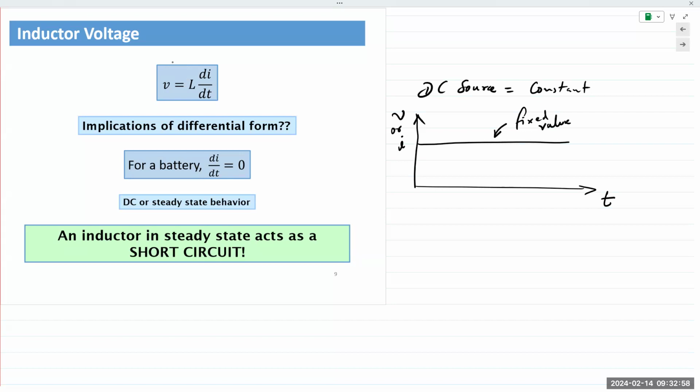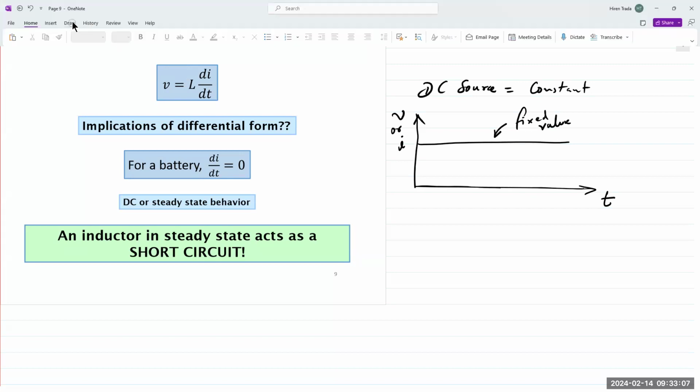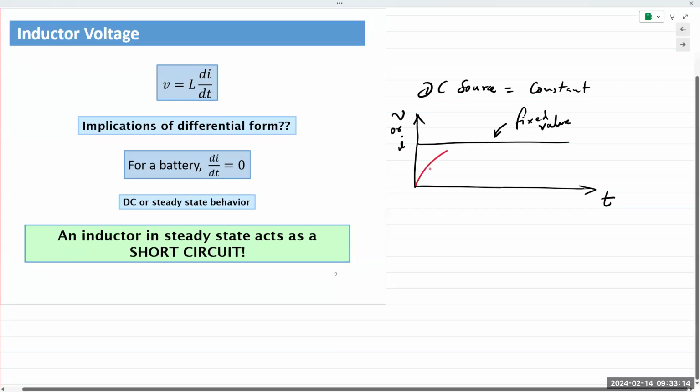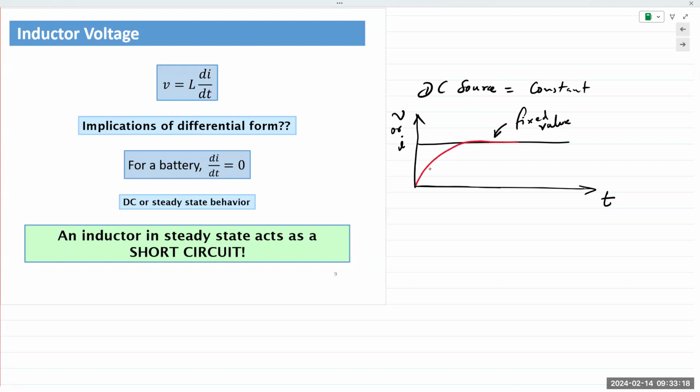Okay. So if the inductor was being applied this current right here, let's use red. The inductor would follow a pathway something like this. It cannot go instantaneously from 0 to 1. So this will be the inductor receiving the energy, or charging.